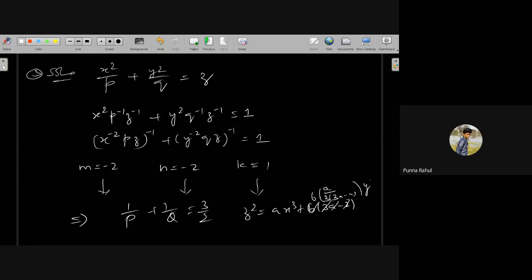Y cube plus pi of a, the general solution.